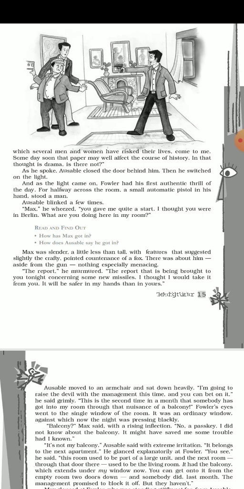Max was a slender, it means thin, a little less than tall, with features that suggested slightly the crafty, pointed countenance of a fox. A phrase beautifully used, that suggested slightly the crafty. The crafty means the one who is cleverly made. Pointed countenance of a fox. Appearance like that of a fox means so much focused eyes, so shrewd, so clever.